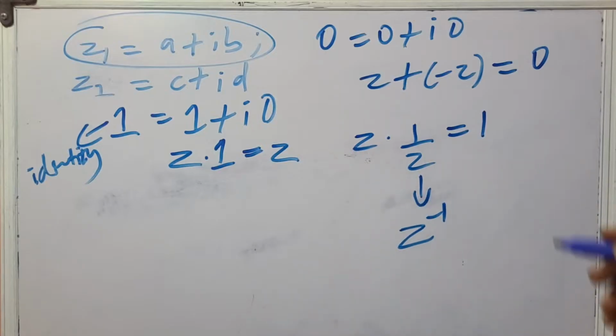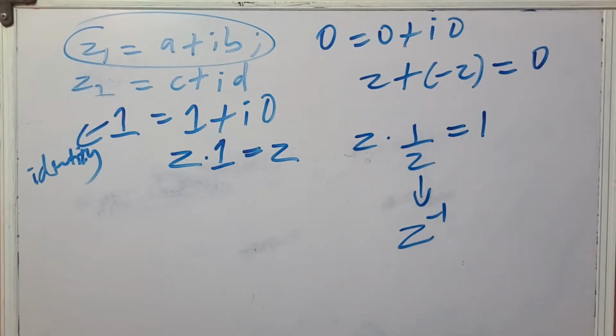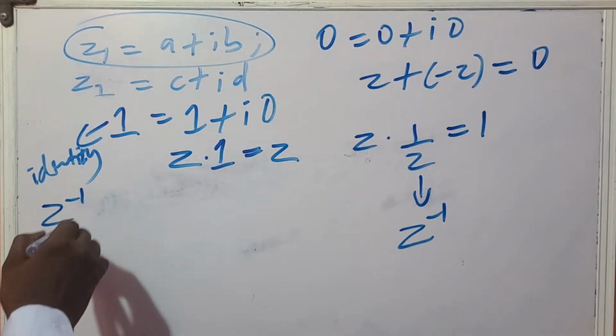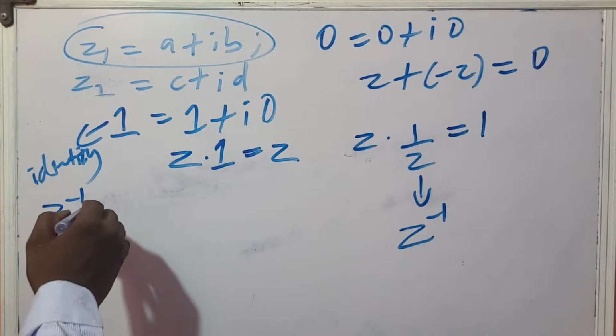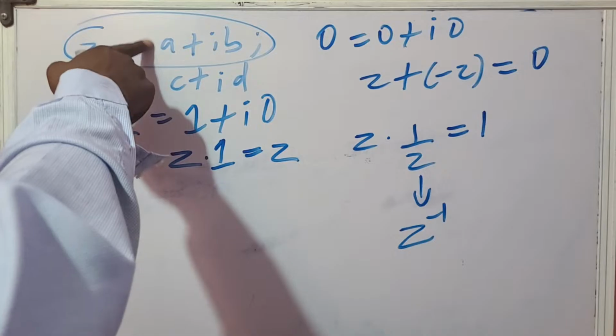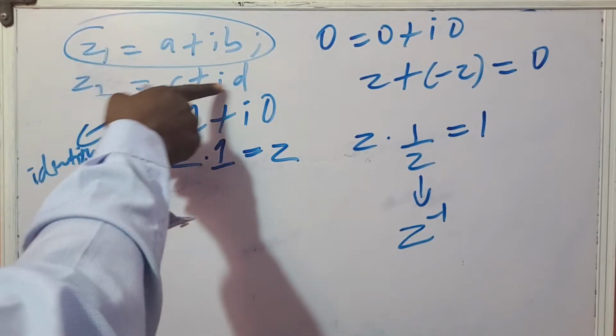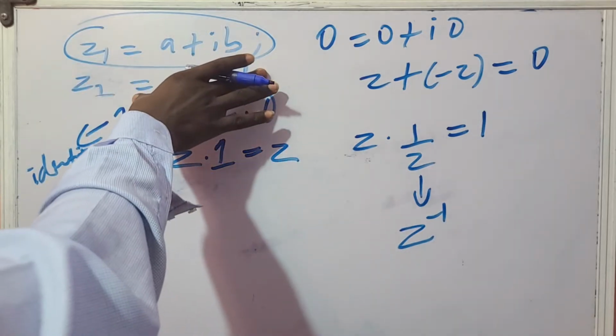So the next question to ask yourself is, what is this Z raised to power minus 1? What is this multiplicative inverse? It's a bit complex, so look at it this way. Z raised to power minus 1, which is the multiplicative inverse, is equal to, let's say for instance, this is the complex number we're dealing with, Z1 here. If we were dealing with another one, it would be a different terminology.